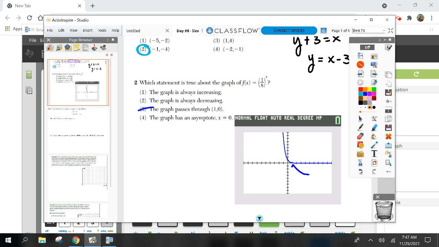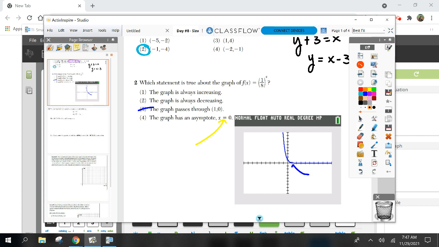Definitely out of there. The graph has an asymptote, meaning a line that it comes awfully, awfully close to, but never touches at x equals 0. Ooh, we got to talk. What is x equals 0? Horizontal or vertical? That's vertical. Vertical going through 0.